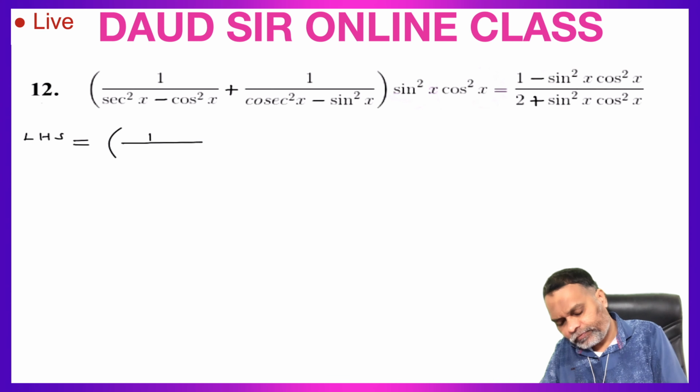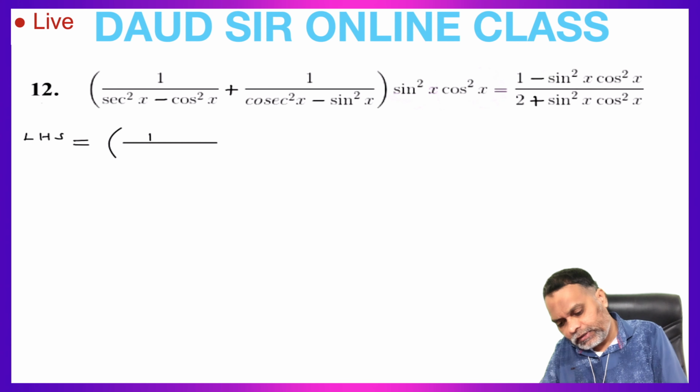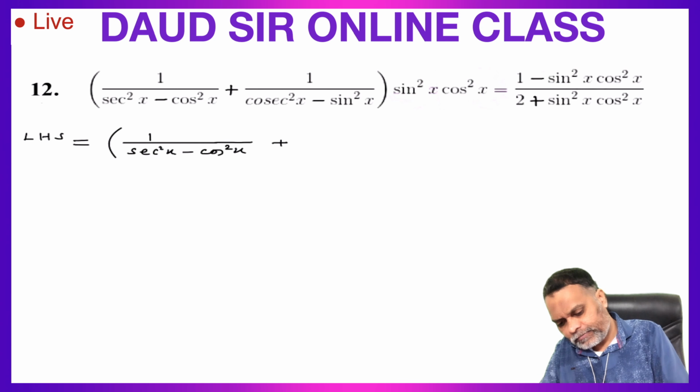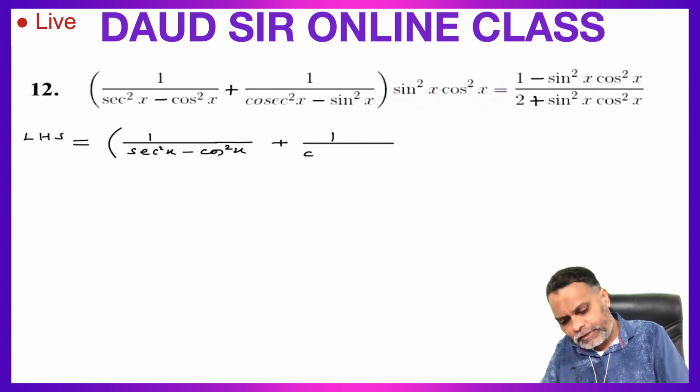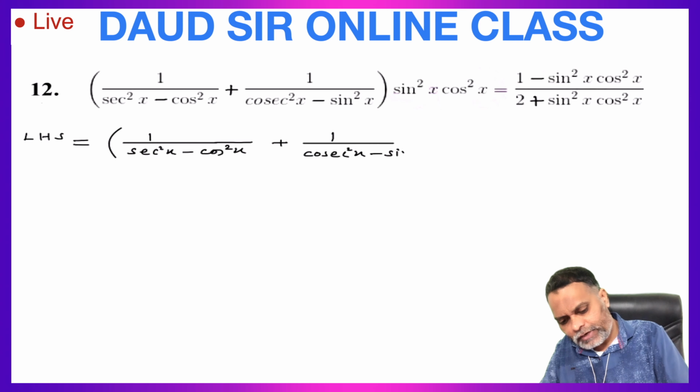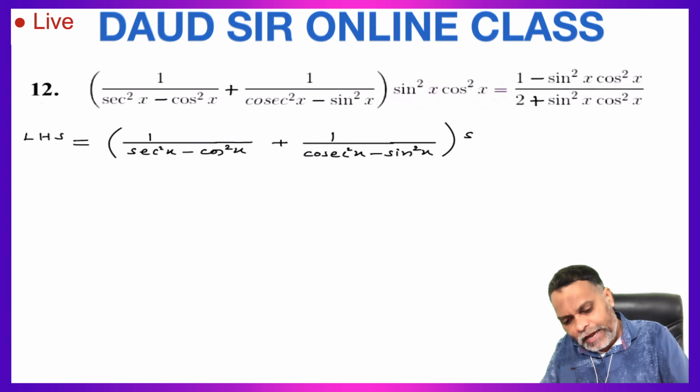1 upon sec square x minus cos square x, plus 1 upon cosec square x minus sin square x, into sin square x into cos square x.